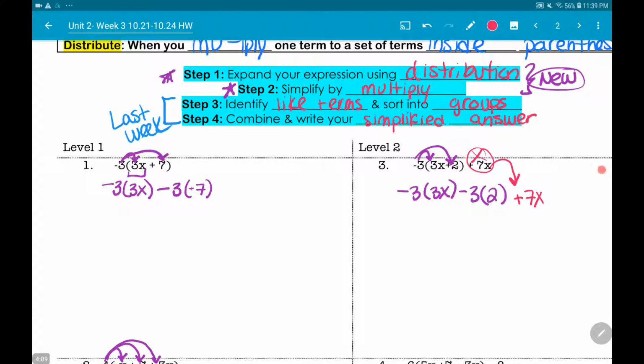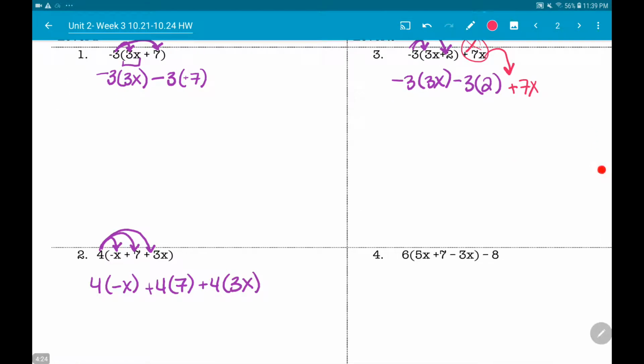So I just bring that down, okay? I only distribute, again, what is inside the parentheses. So let's do that one more time. I take what's on the outside, and I'm going to put it with every term on the inside.